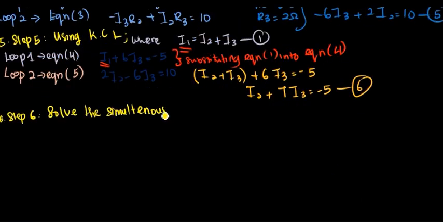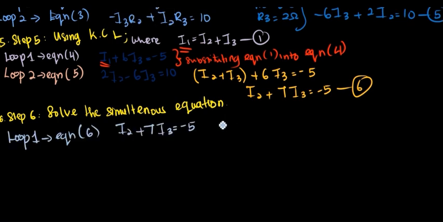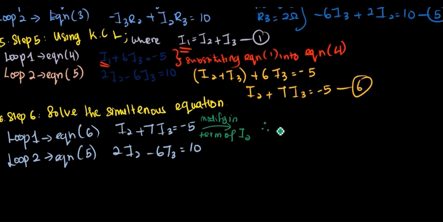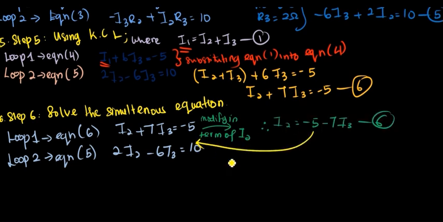The next step is to solve the simultaneous equations, equation 6 for loop 1 and equation 5 for loop 2. We modify the equation of loop 1 in terms of I2 and substitute this I2 into equation 5.